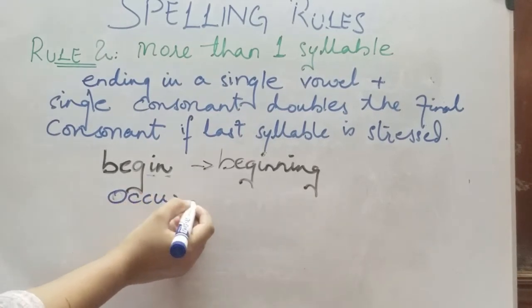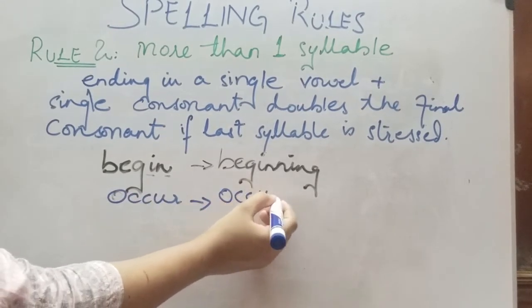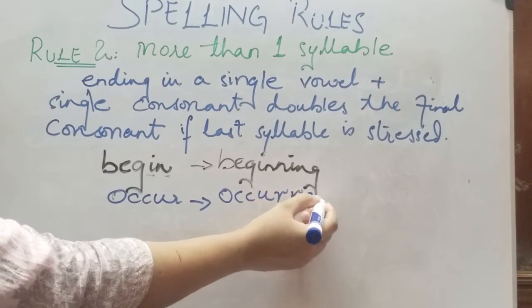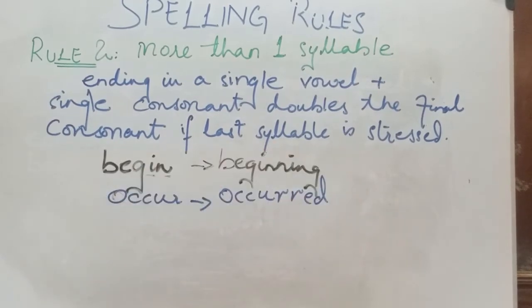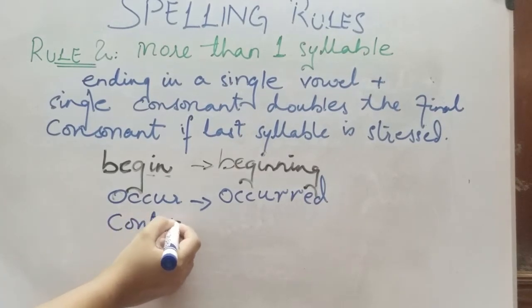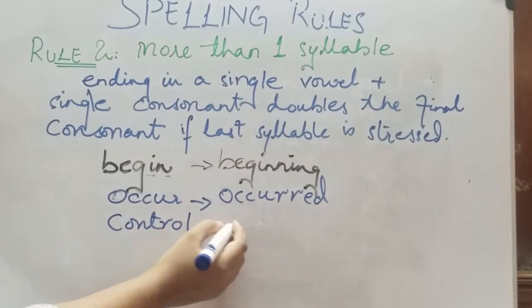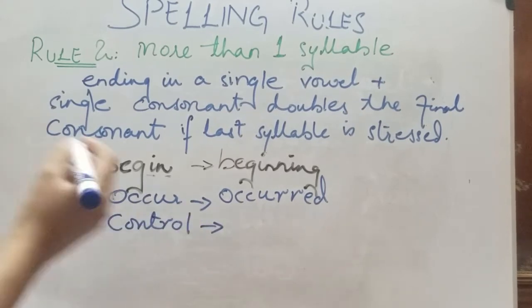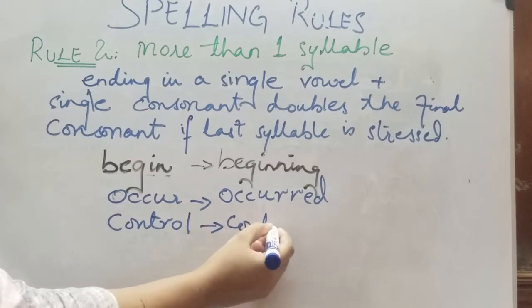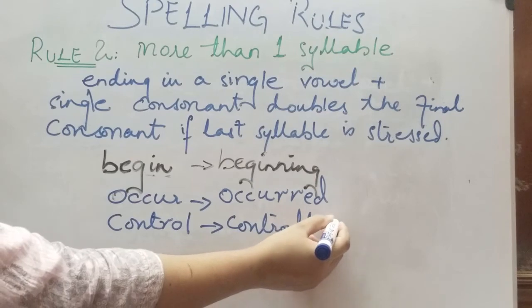Occur will turn into occurred or occurring, right? So that will also be double R. When you have control, right? See, a single vowel and a single consonant. So you can convert it into controller, right?